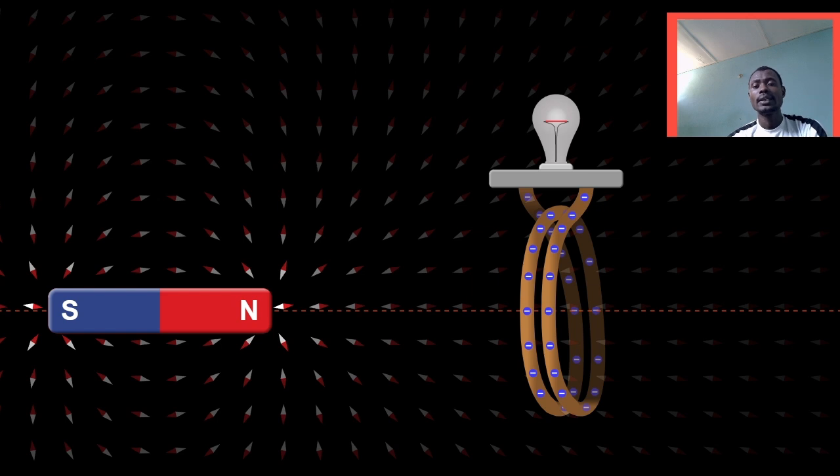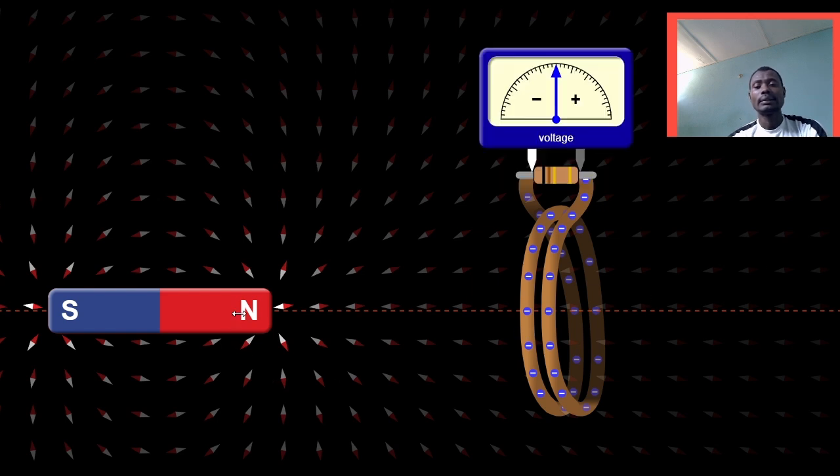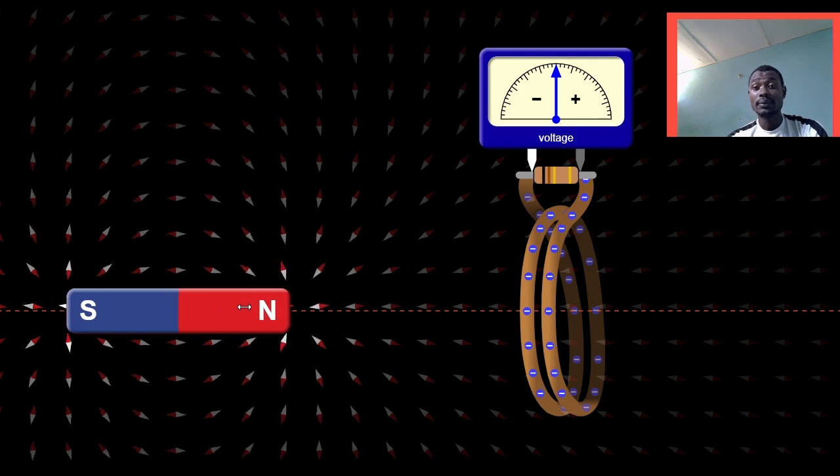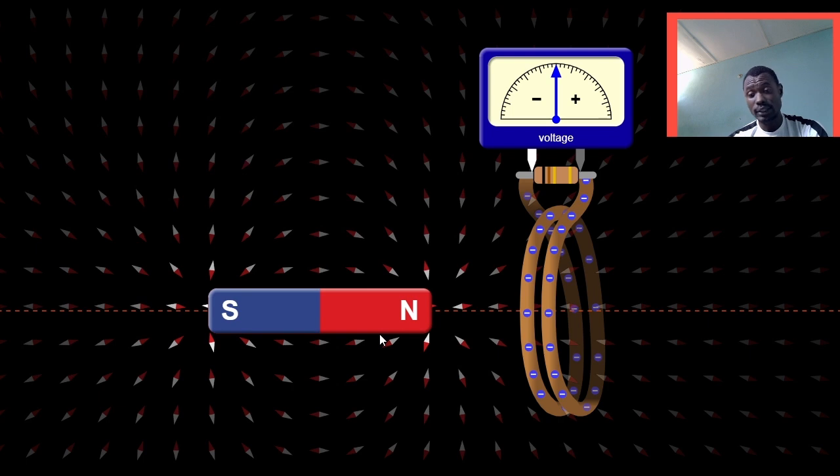Let's start now. For electromagnetic induction to happen, there must be relative motion between the bar magnet and the coil of wire. What might relative motion be? The magnet must be moving while the coil stays, or the coil must be moving while the bar magnet stays.